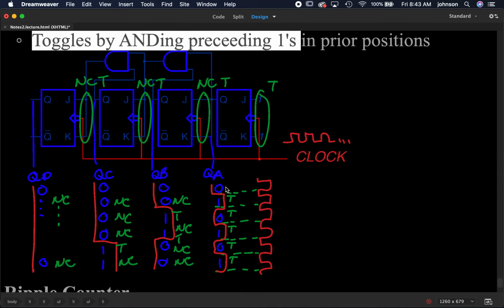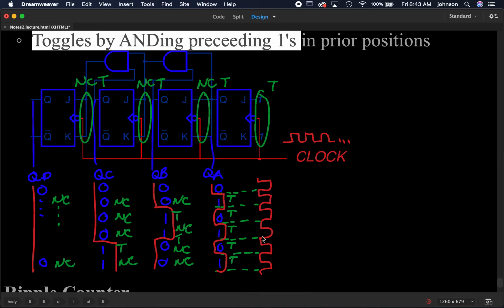Well, first of all, let's explain the QA here. QA is operating in the toggle mode, so therefore it goes up and down, up and down, up and down, toggling. In this particular case, we have negative edge triggering, so every time there's a negative edge on that clock signal, it toggles. All right.